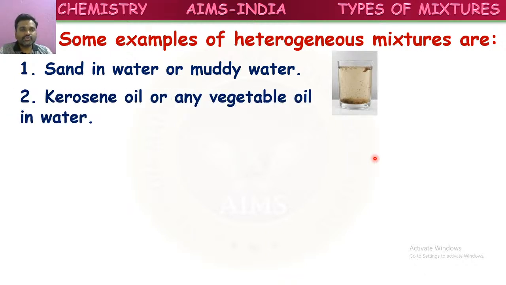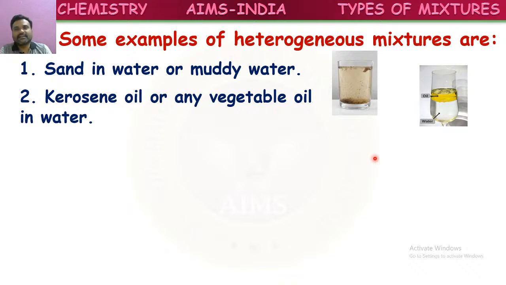Second one, kerosene oil or any vegetable oil in water. Yes, this also we have discussed. When we add certain oils like vegetable oils, kerosene oil or diesel to water, they won't dissolve or mix into each other. Hence, they form two separate layers.